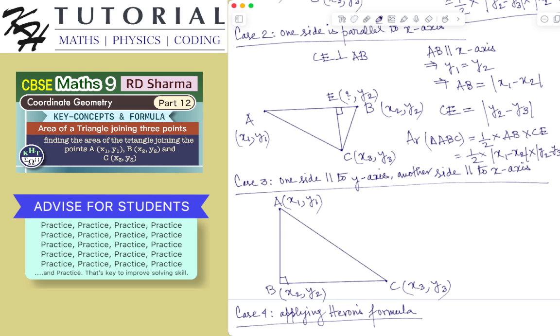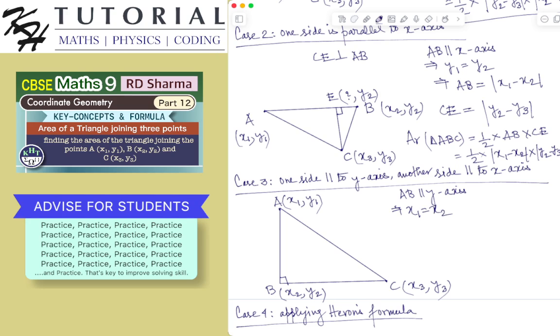Now clearly in this case, AB is parallel to the y-axis, which we will observe when we see that for the points A and B, their abscissa are the same. That is, x1 is equal to x2.